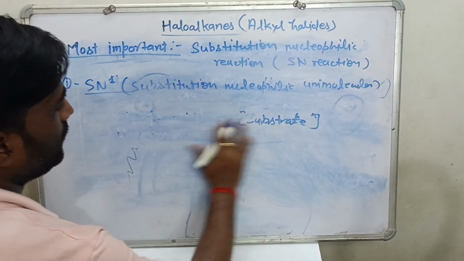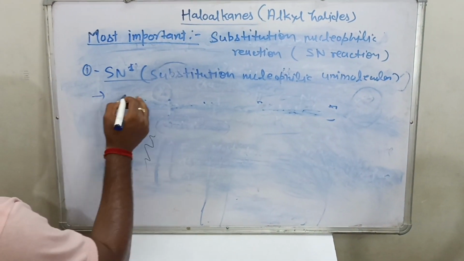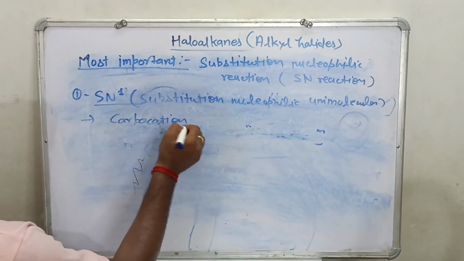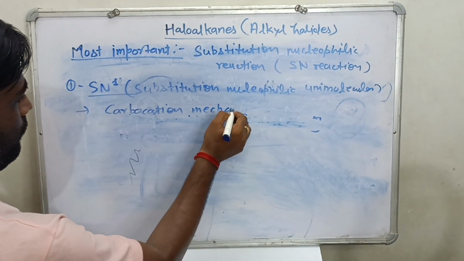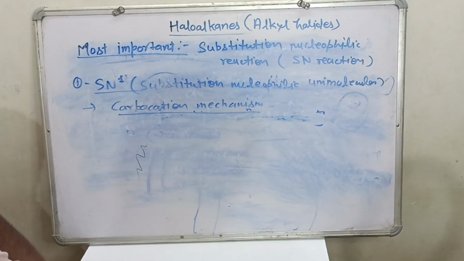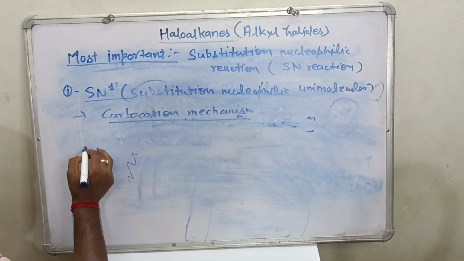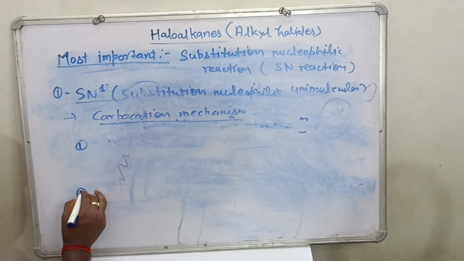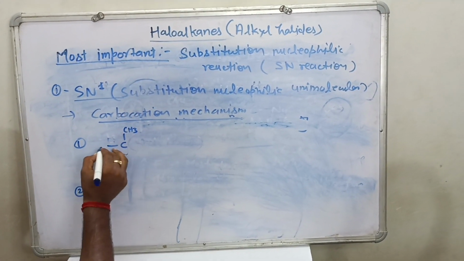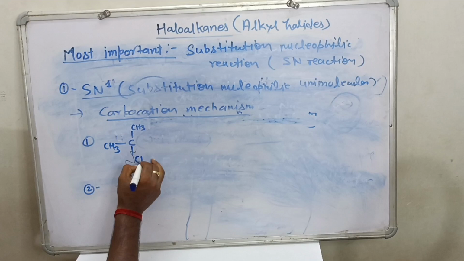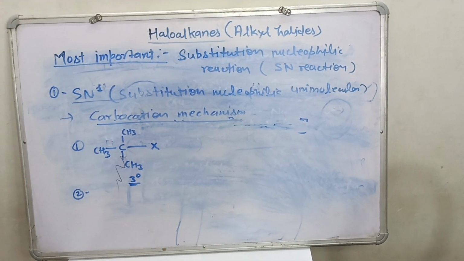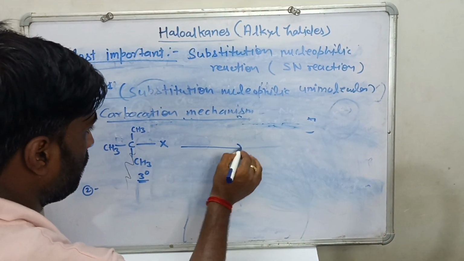So this reaction proceeds through a carbocation mechanism and is divided into two steps. In the first step, as I am writing the mechanism, this is the well-known tertiary haloalkane.